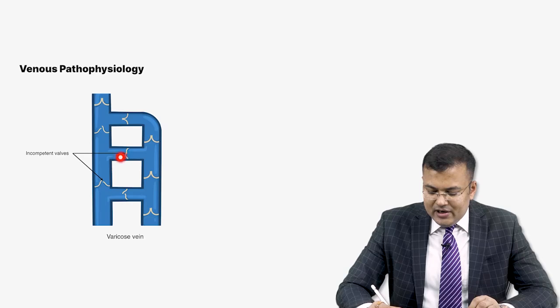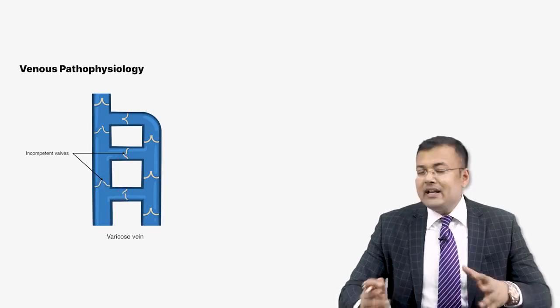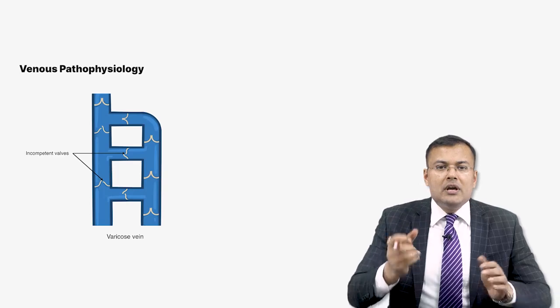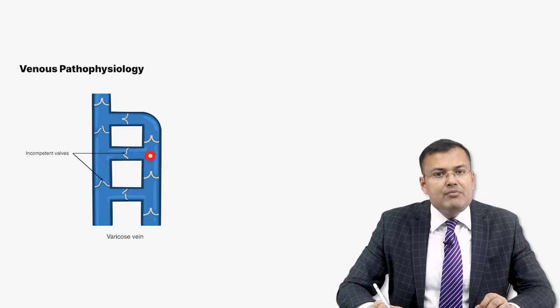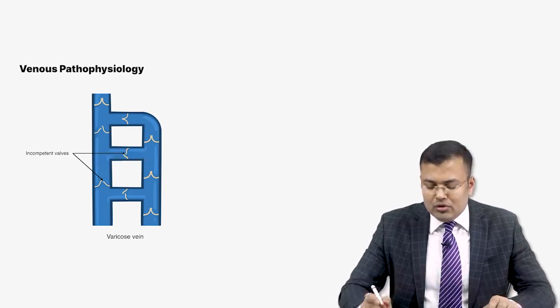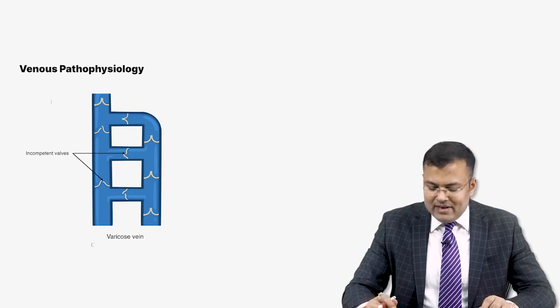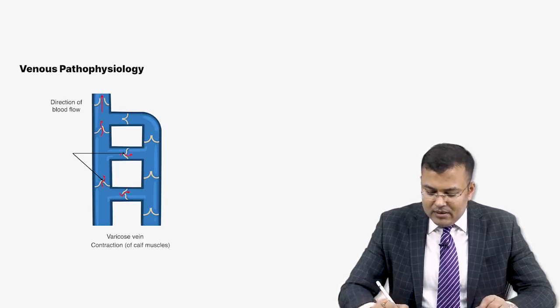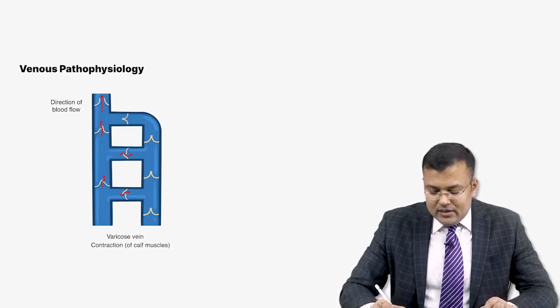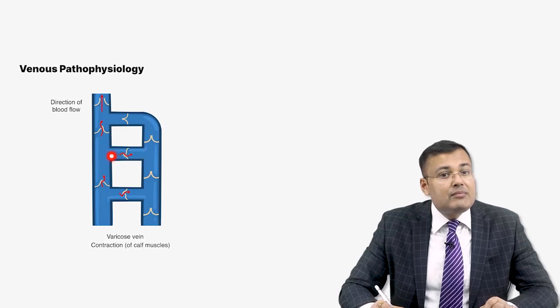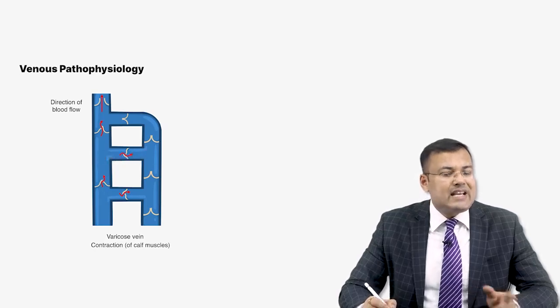If the patient has incompetent valves, then during systole blood will be going towards the heart, but the blood is also going from deep to superficial, which is abnormal.